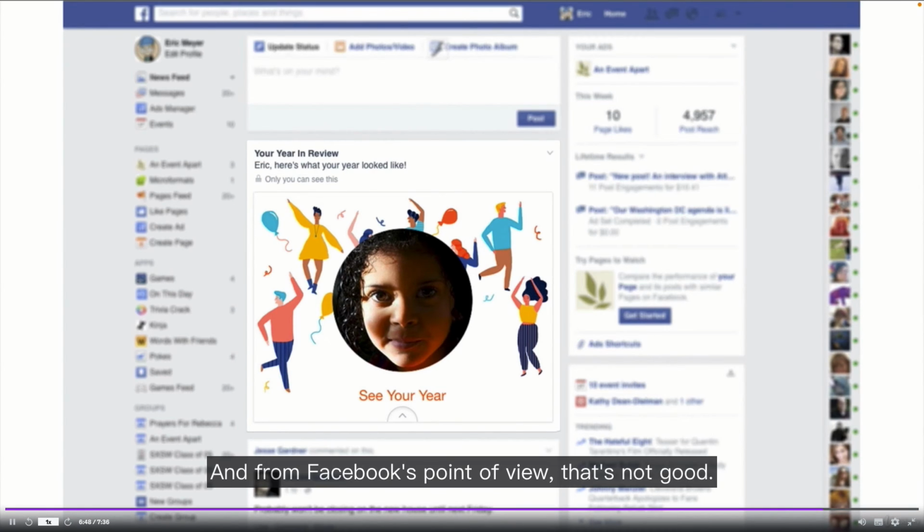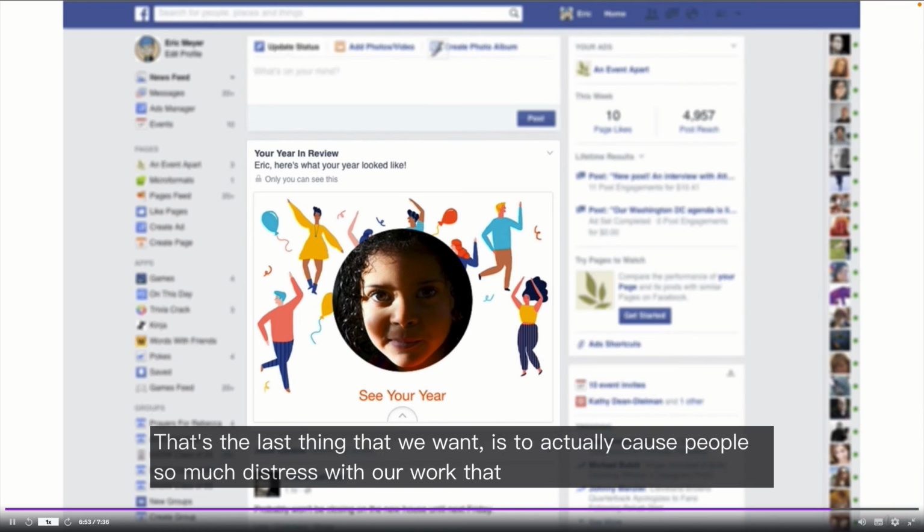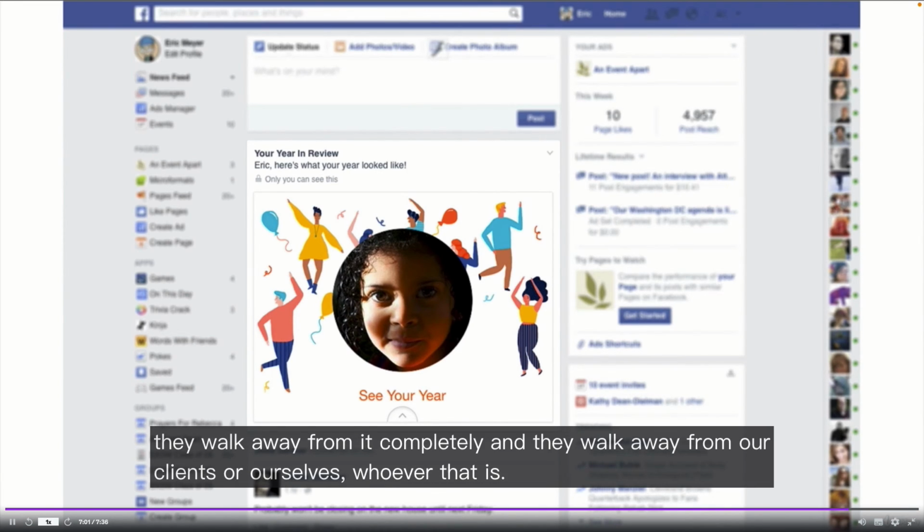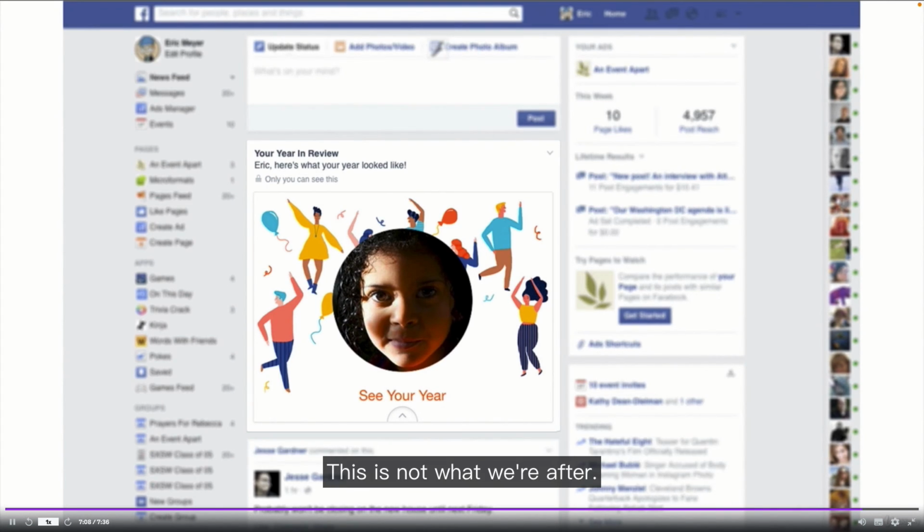And from Facebook's point of view, that's not good, right? And from a designer's point of view, that's not good. That's the last thing that we want, to actually cause people so much distress with our work that they walk away from it completely, and they walk away from our clients or ourselves, whoever that is. This is not what we're after.